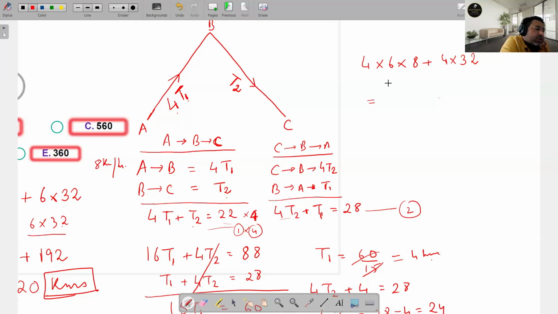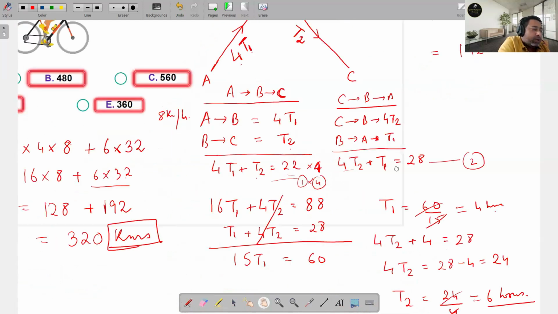This gives us 24 times 8, which is 192, plus 128. This one is also giving us 320 kilometers. So as we can see, the distances are the same. Just wanted to double check on that.